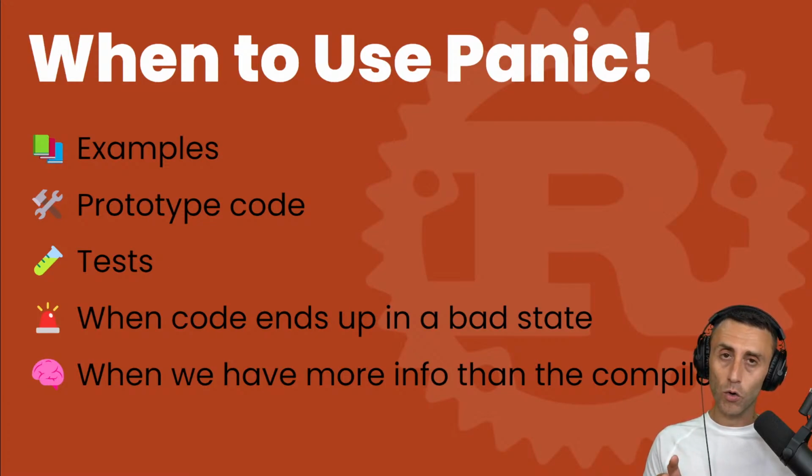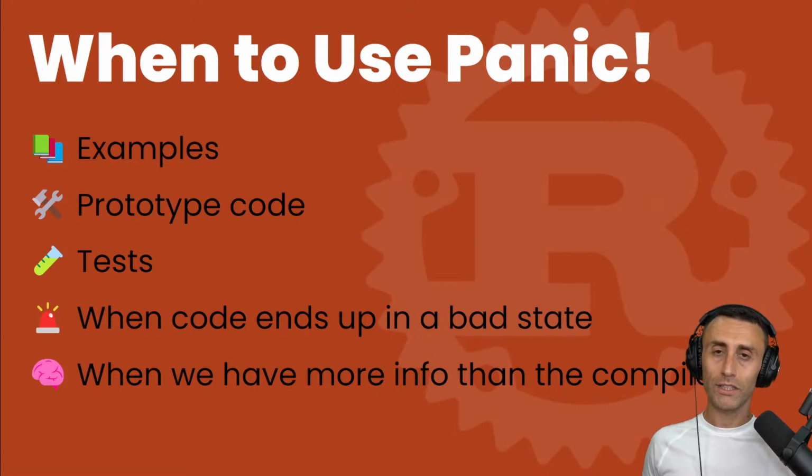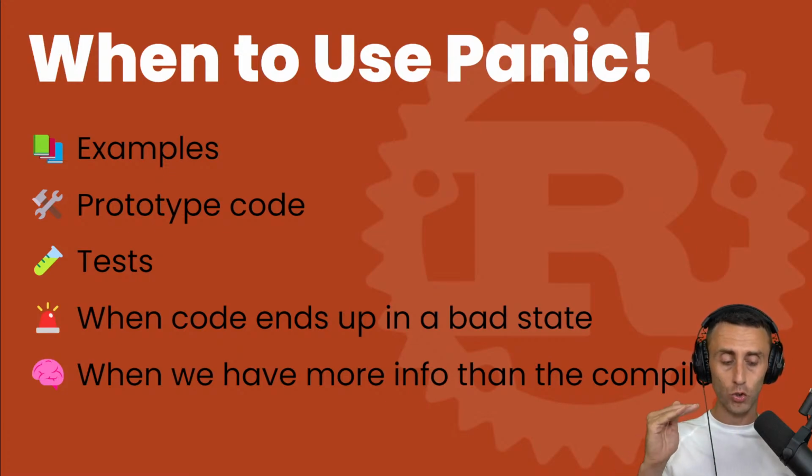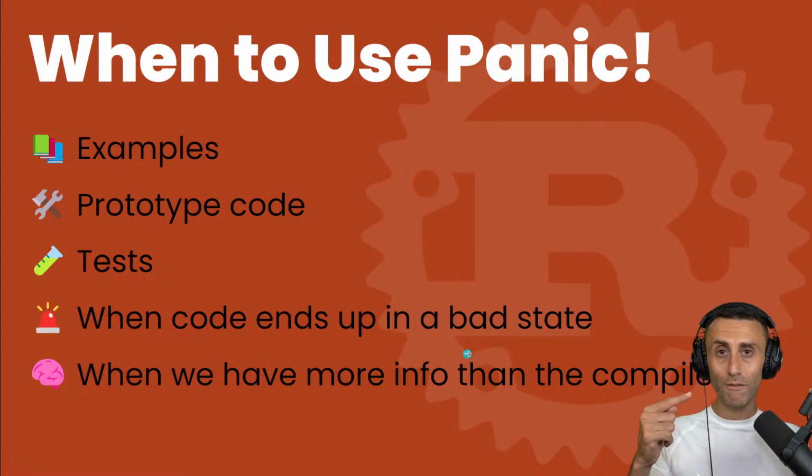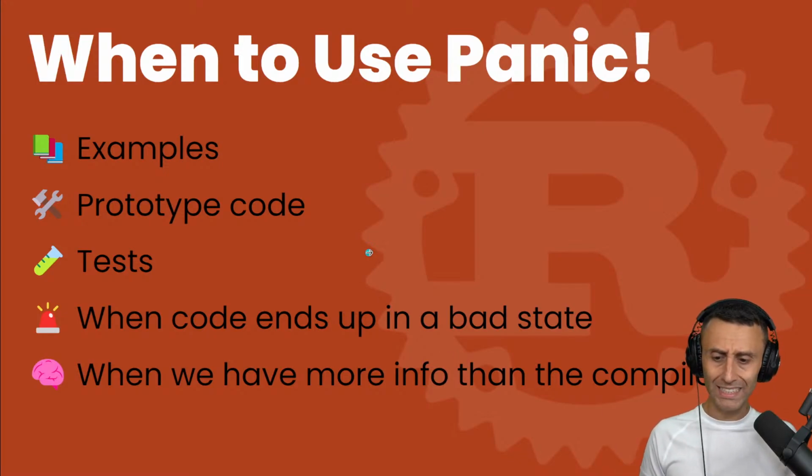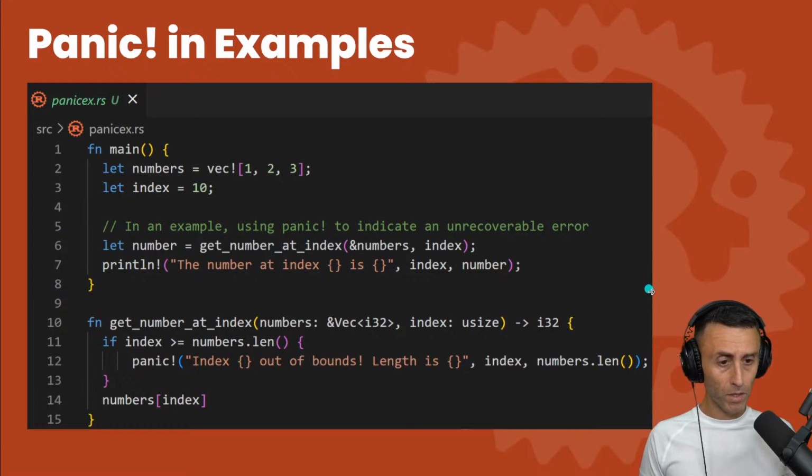And also when the code ends in a very unexpected way. In this case, we intentionally want the program to stop and not continue. And this is also interesting when we have more information about the code than the compiler, because of some human logic that we are applying here. But let's see this one by one.